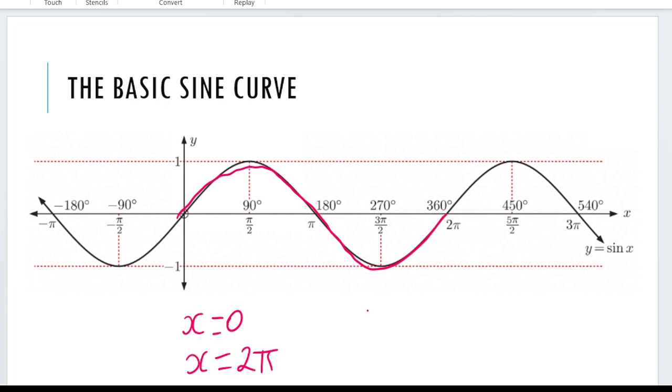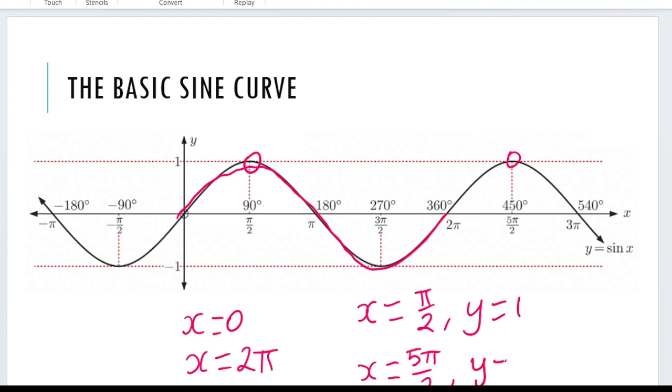So when x equals pi on 2, y is going to be equal to 1, which we can see here. And if we move along by 2 pi, we can see that when x equals 5 pi on 2, we again have y equal to 1.